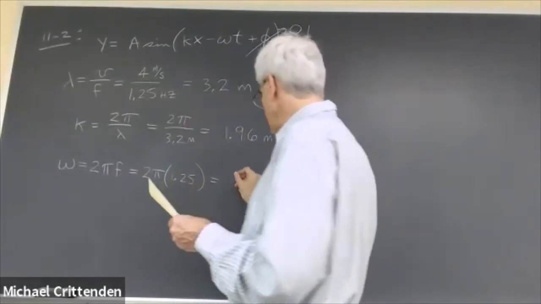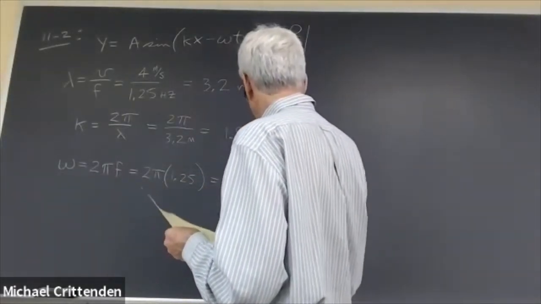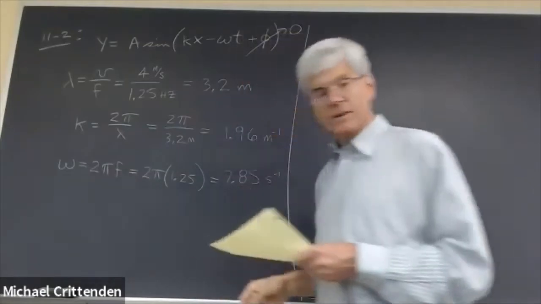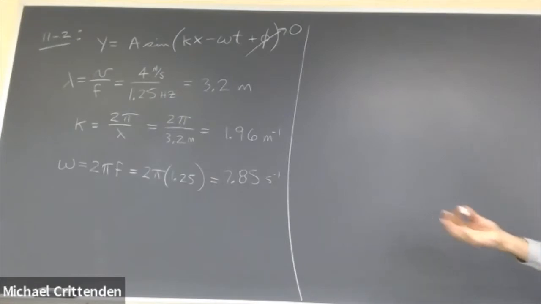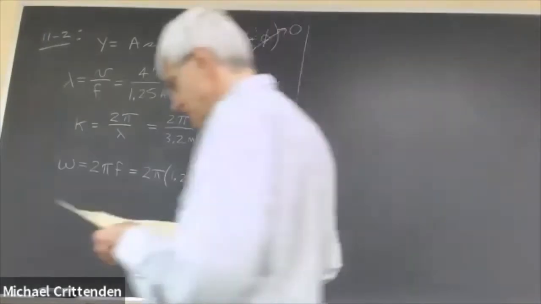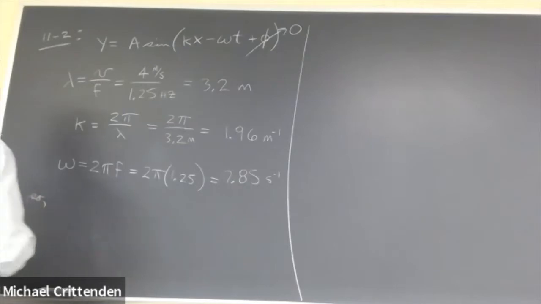So you multiply and that comes out to about 7.85 seconds to the -1 power, radians per second in other words. I don't really need to write it down this way to answer the question, but just to kind of look at it and admire it for a moment.